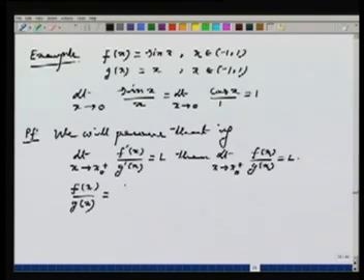I write it in the form f(x) minus f(x naught) divided by g(x) minus g(x naught).